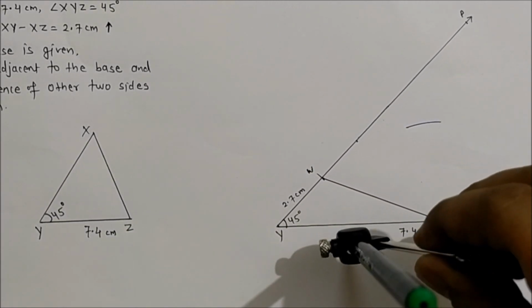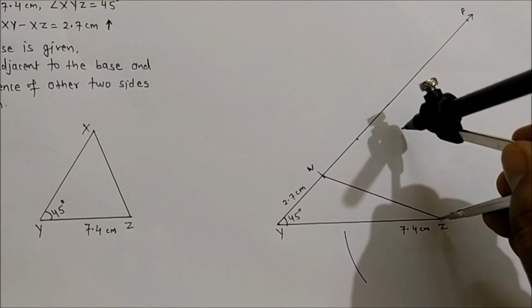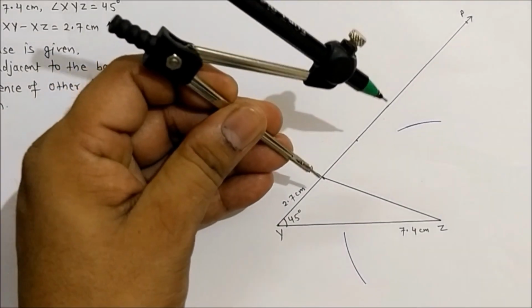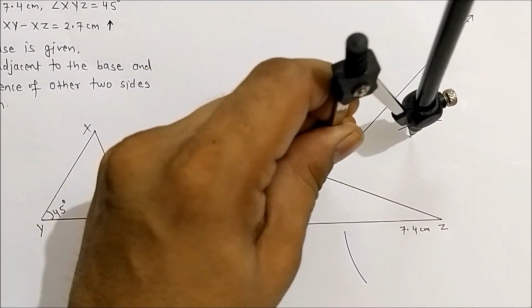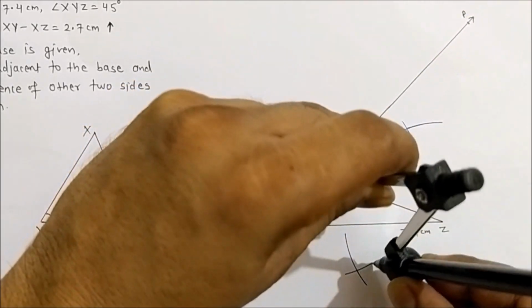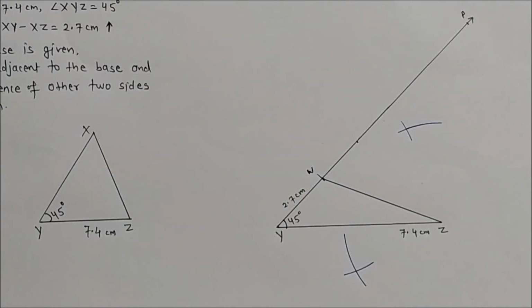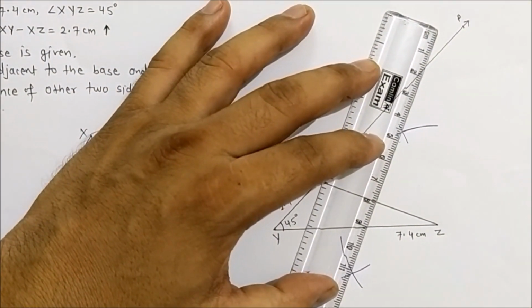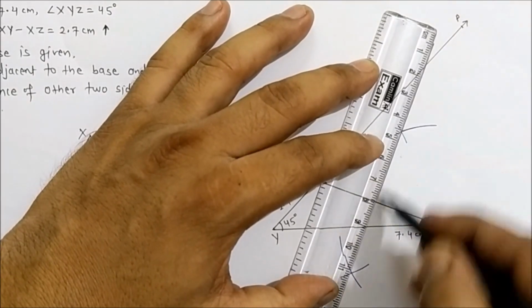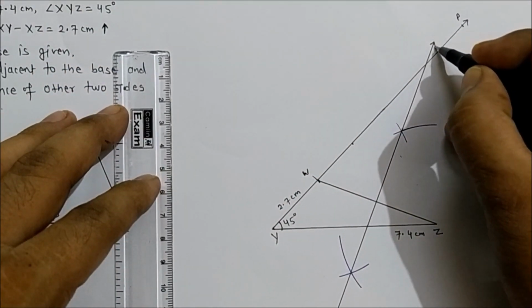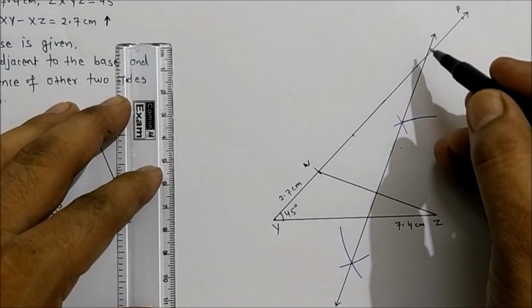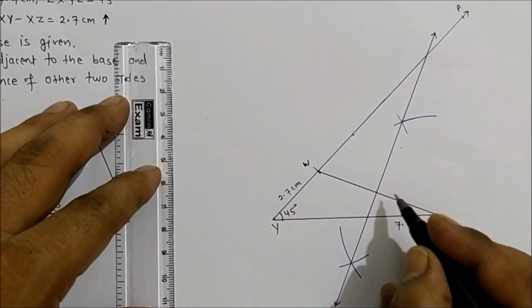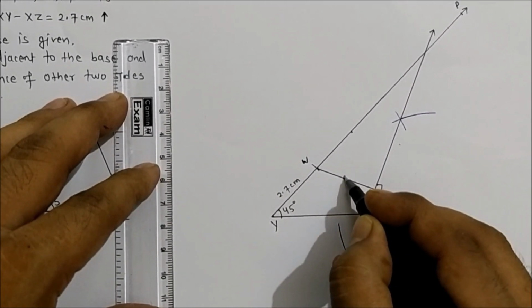You can see that from point Z and now from point W. And join this. So this is the perpendicular bisector of WZ. Make the symbol here, perpendicular bisector.